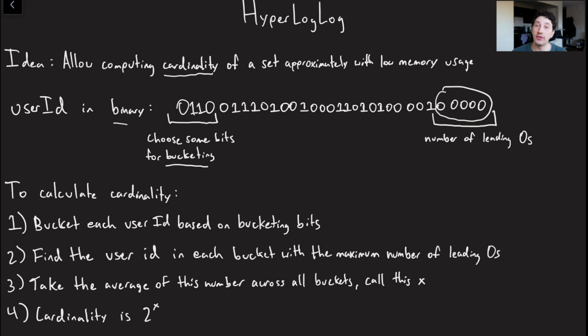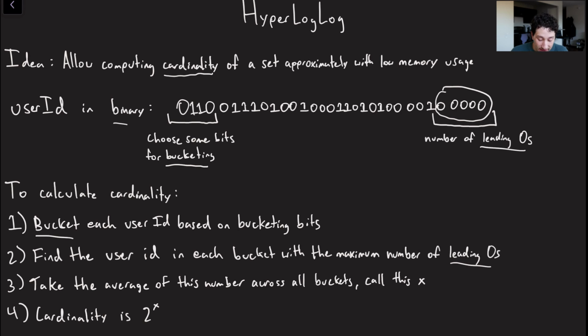Cool. So the way hyperlog is going to work is as follows. Let's say we have 100 different user IDs that have come in that are potentially active at the moment. The first thing that we're going to do is bucket each one into multiple different buckets based on those bucketing bits. The next thing that we're going to do is find the user ID in each bucket with the maximum number of leading zeros. So in this case, it's 5 for this user ID, but maybe in a given bucket, there might be 7 leading zeros for one user ID.